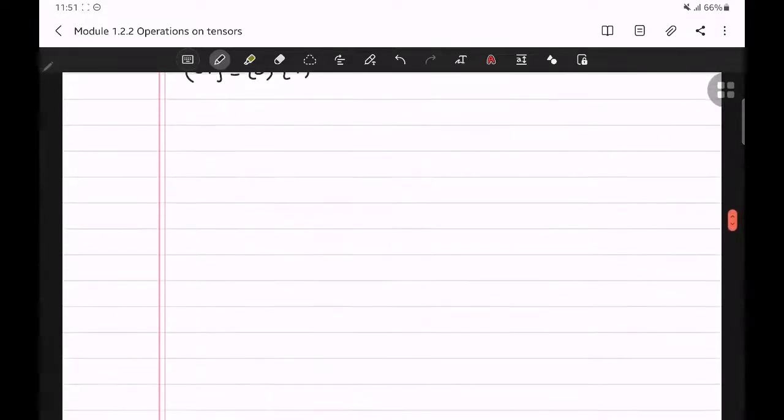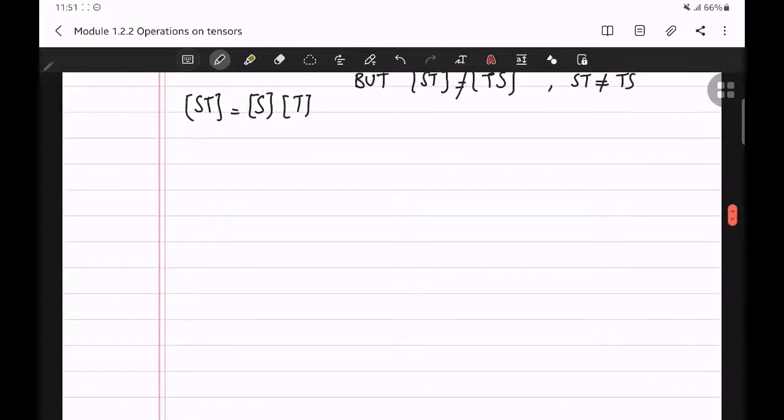We can also expand this to, for example, three tensors. If you have tensors T, S, and V, and you multiply all of these by a, this is equivalent to T times (SVa), because you can treat SVa as a vector, like A, and this is the same as TSa we had before.